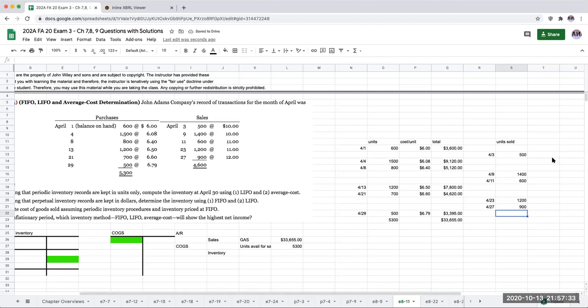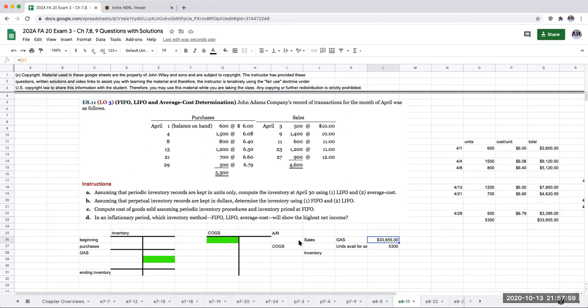I'm going to disregard the sales price per unit because I don't need that for this case. I'm trying to figure out the dollar amount. The AR and sales are not going to change. What I need to figure out is the dollar amount I'm assigning to cost of goods sold. So my units sold are 4,600.